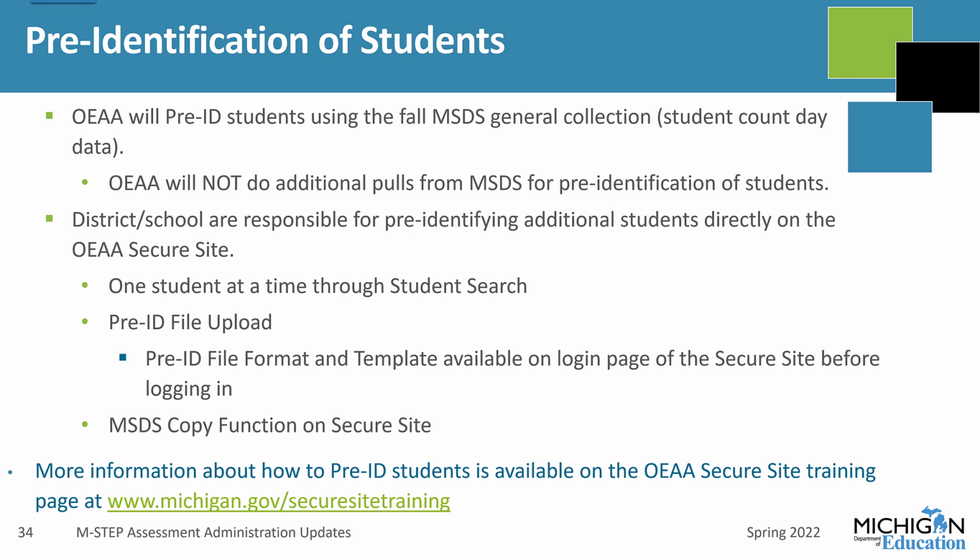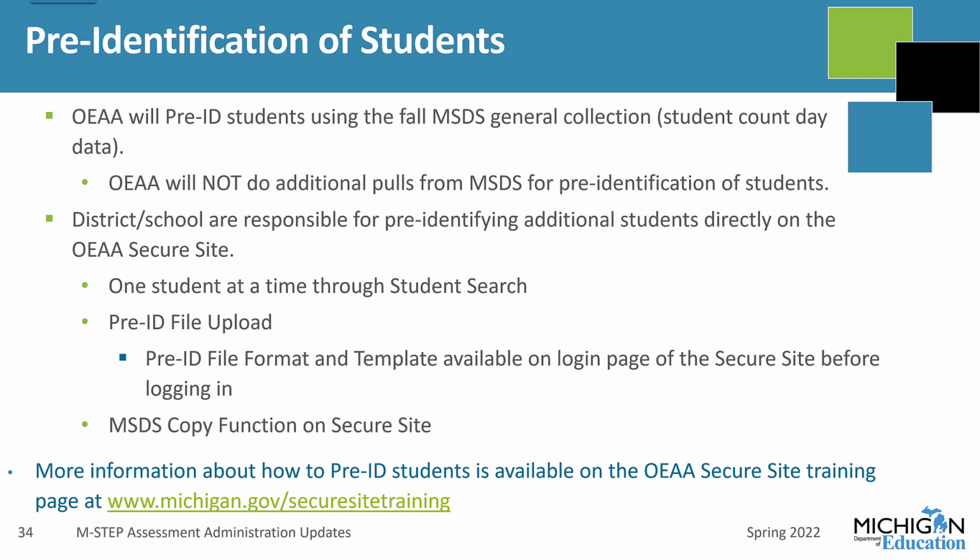The OEAA pre-ID'd students based on your fall MSDS General Collection Student Count Day on January 5th. There are no additional pulls for pre-ID that are done by MDE after that date, which means that any enrollment changes after this need to be inputted by you into the OEAA Secure site.